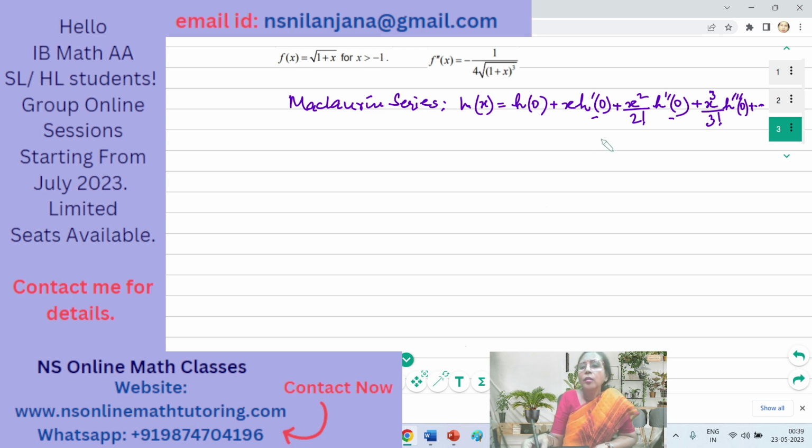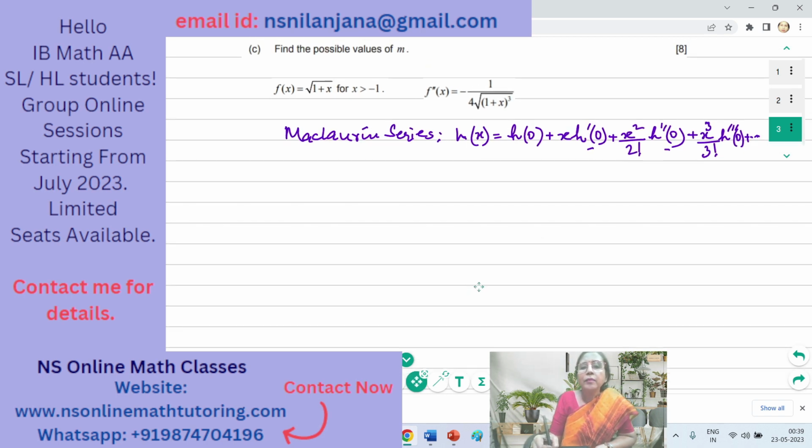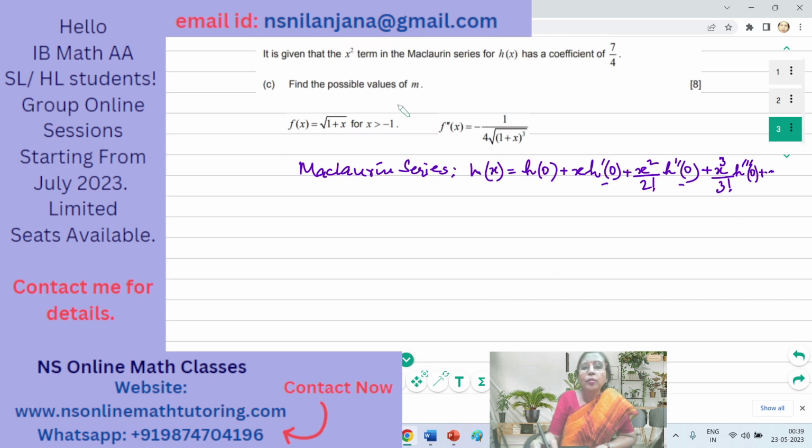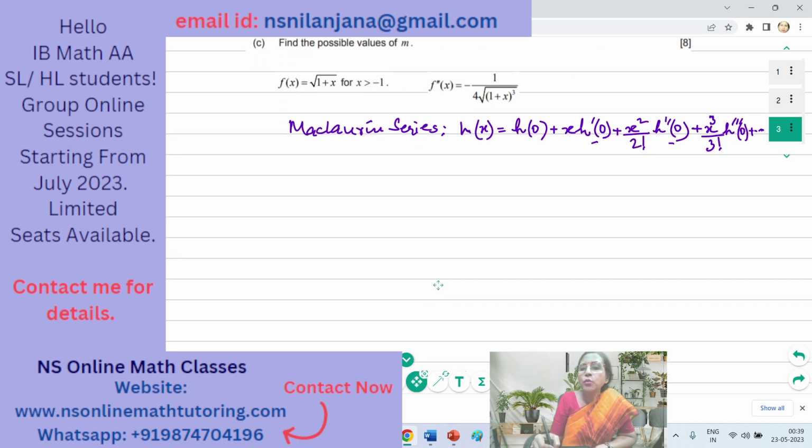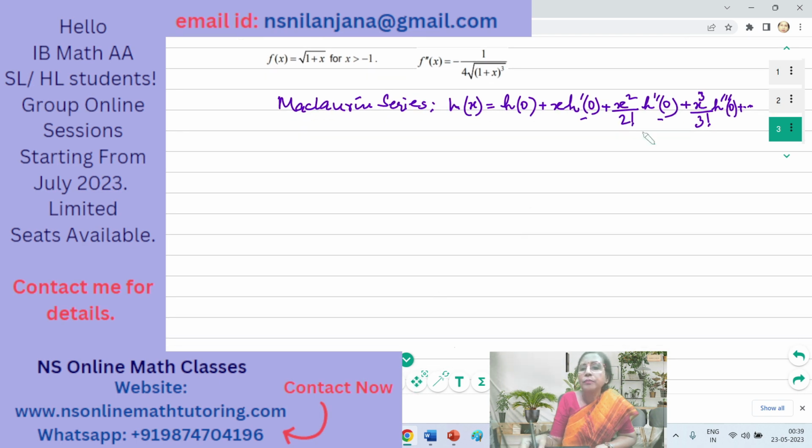And they are saying that the coefficient of the x squared term. So which one is the x squared term? This is the x squared term. And what is the coefficient of x squared? It is h double dash 0, means the second derivative of h of x when x equal to 0, divided by factorial 2, means divided by 2.